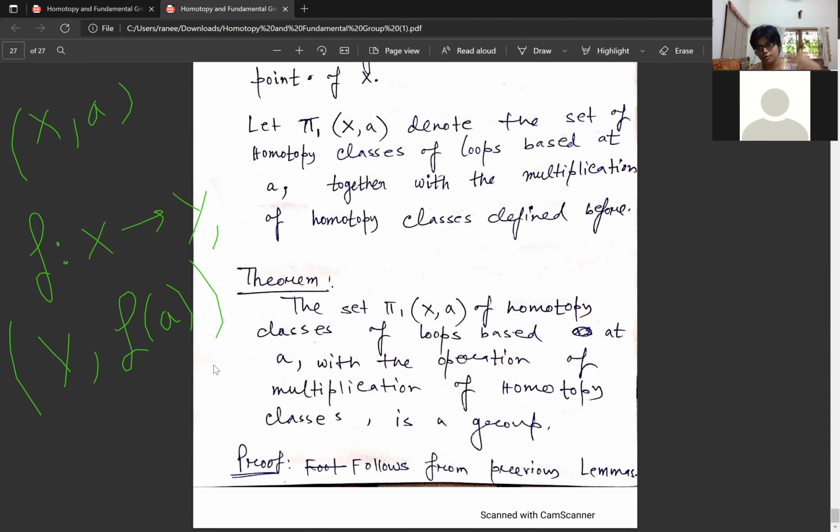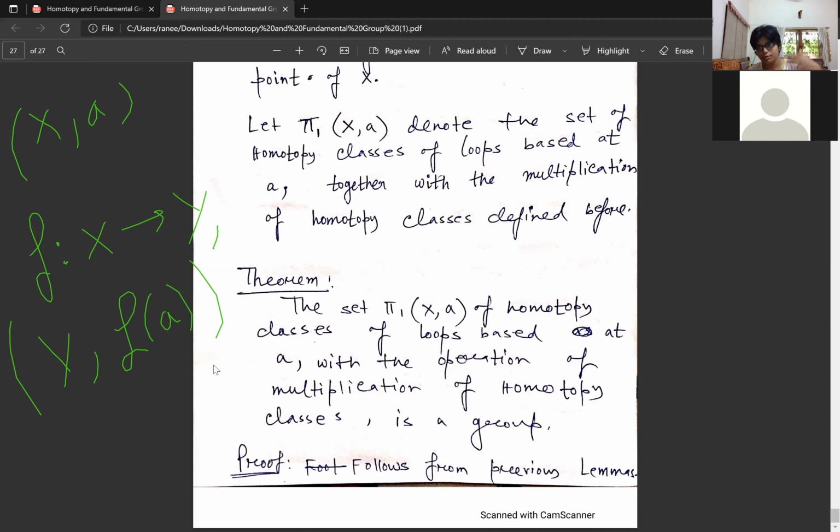The set pi1 of X comma A of homotopy classes of loops based at A, with the operation of multiplication of homotopy classes, is a group. This is the fundamental group, right? And this is the biggest theorem, to prove this is a group. But throughout the previous lemmas we have actually proved this theorem. That's why I have written that the proof follows from previous lemmas.